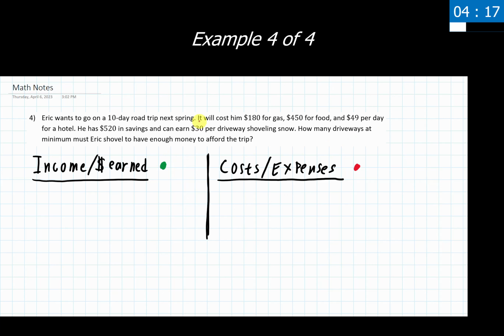So first and foremost, we're told it will cost $180 for gas, $450 for food, and $49 per day for a hotel. So let's go ahead and underline those as our expenses. If you're going through and doing these problems for yourself, I think it's very handy to use a little bit of color coding as you're writing these out.